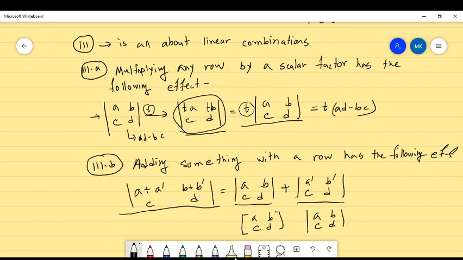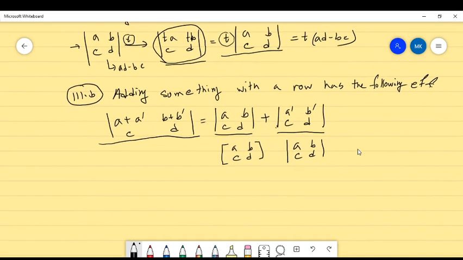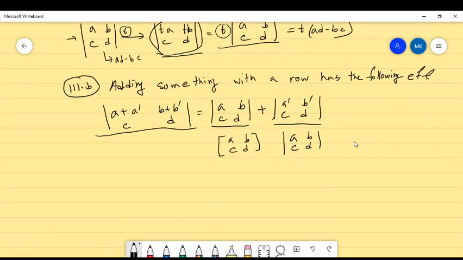Now let me clarify one thing: this is a linearity, right? But this linearity is only applicable for the rows. It cannot be applied on the whole matrix.